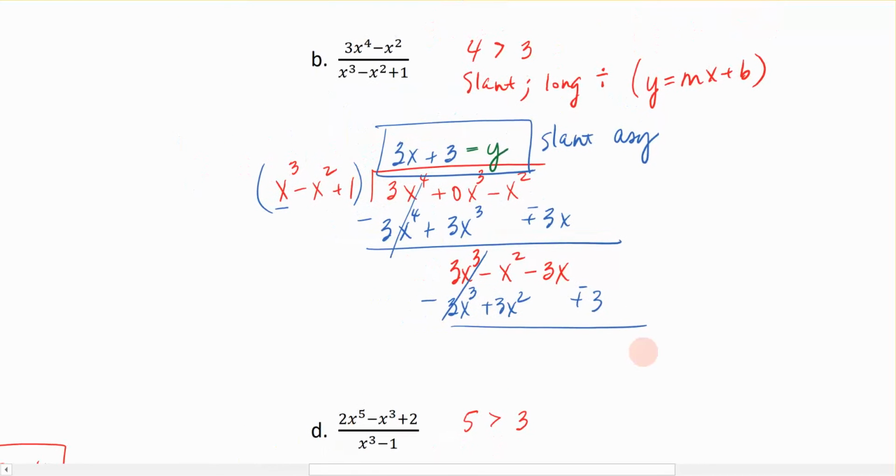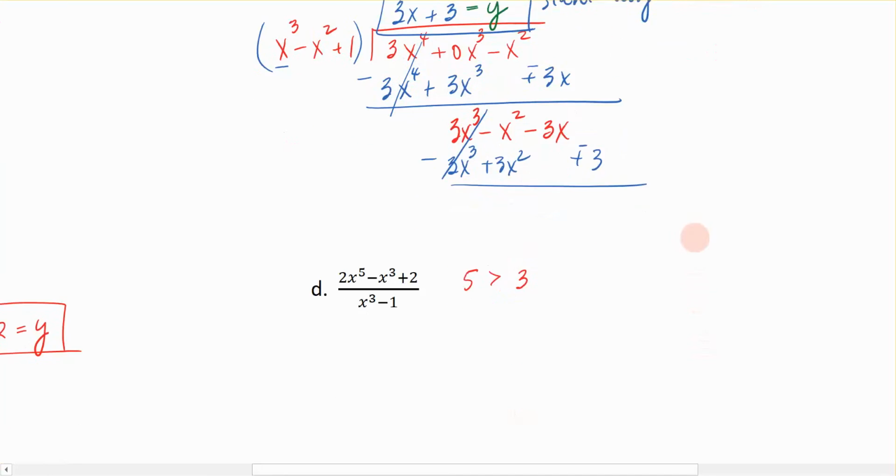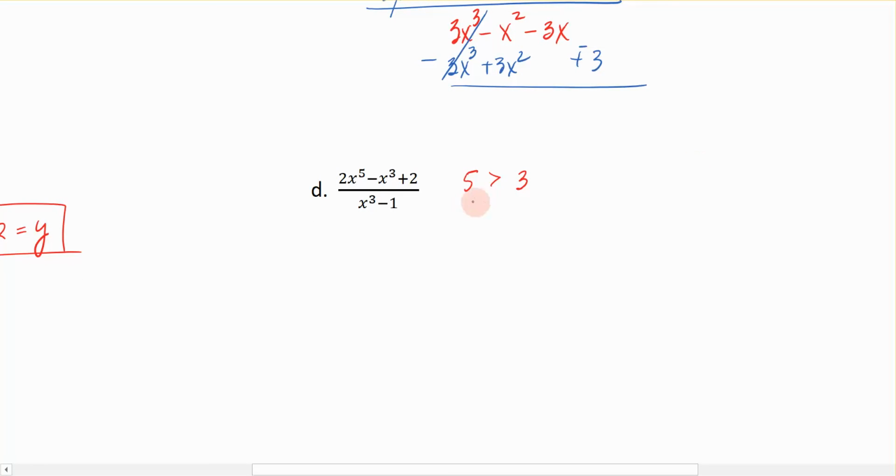When my numerator's degree was greater than my denominator's by only 1, then I had a slant asymptote. This is greater than my denominator by 2, but that's not going to give me a slant asymptote. And actually, there is no horizontal or slant asymptote occurring here.